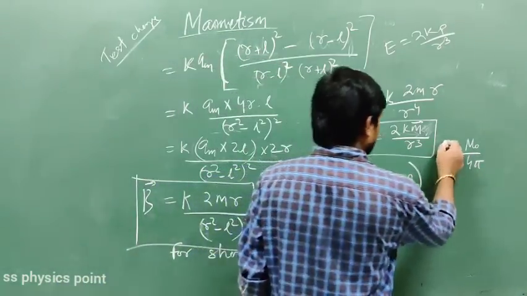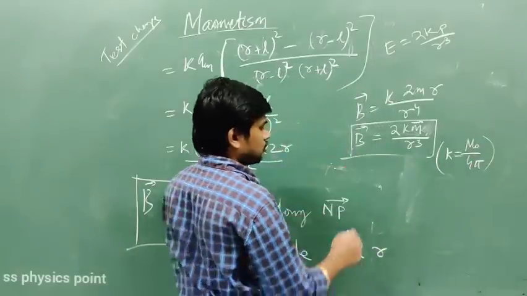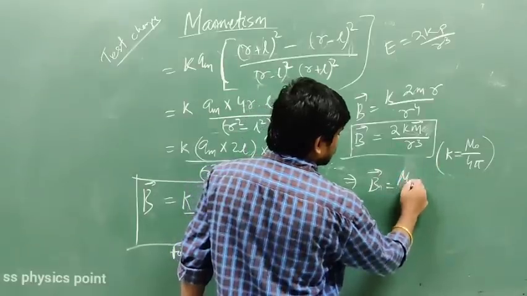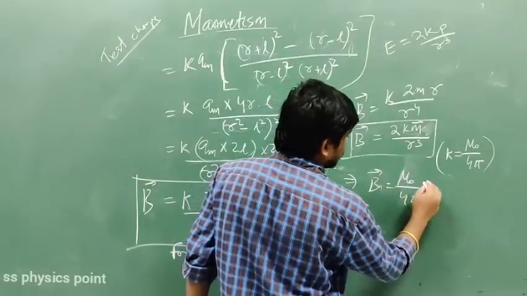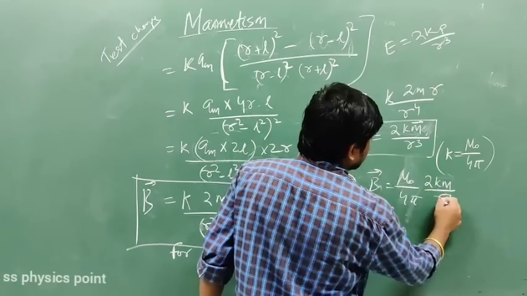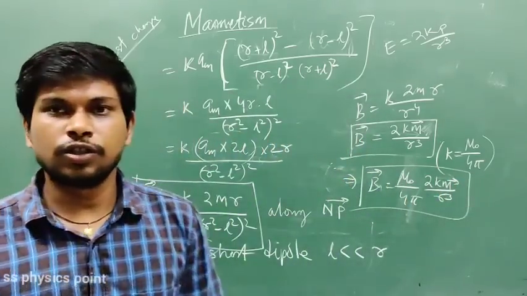This is the expression. Or if you want to write the final expression, you can write one more line: B equals mu naught by 4 pi into 2m by r cubed. This is the expression for the magnetic field due to a short dipole.